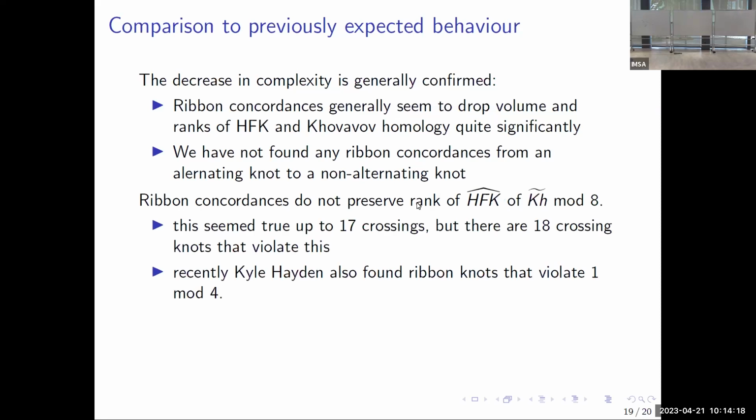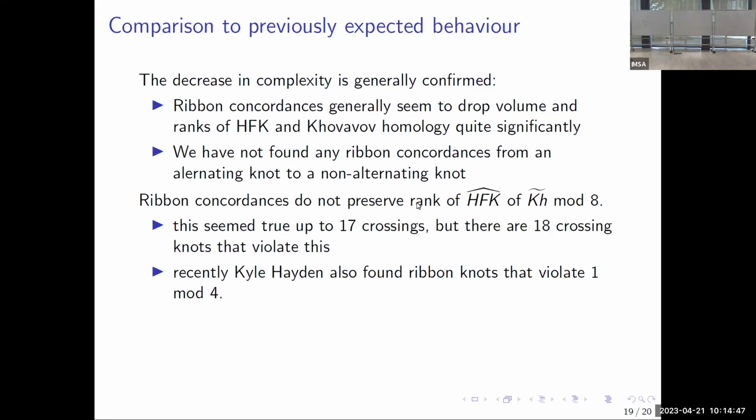There are also some other folk conjectures that we disproved. I posted a paper with Nathan and 3 other authors about this. You can ask whether you expect ribbon concordances to preserve the rank of reduced Khovanov homology or HFK hat mod 8. While this seems to be true for knots of up to 17 crossings, there are 18 crossing knots that violated this.